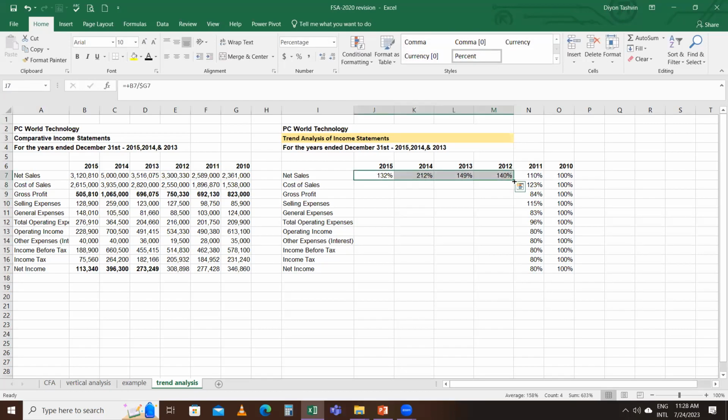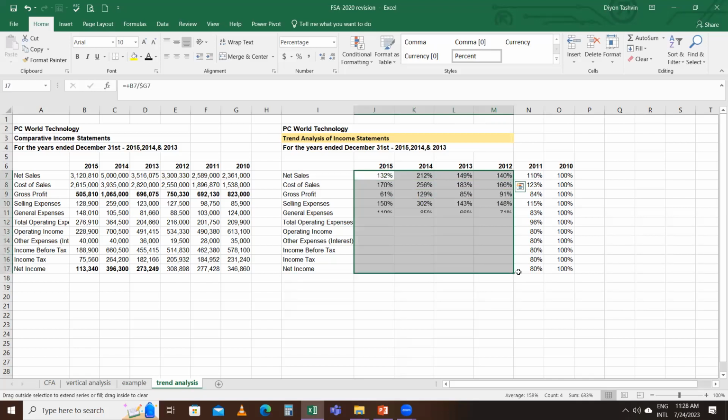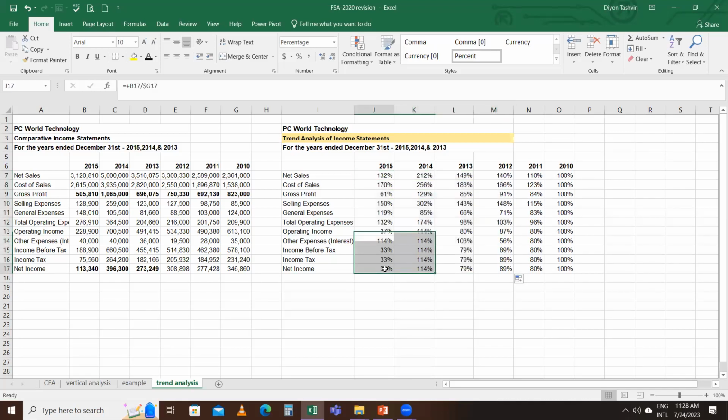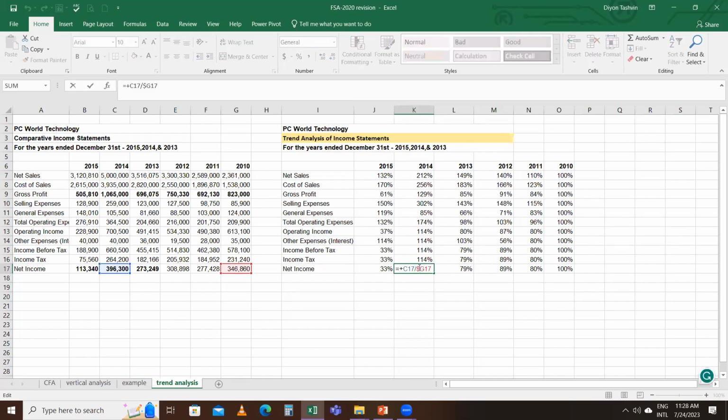Now I'm going to drag it down. When I take the final figure, you can see the net income divided by 2010, which is the base year figure. Then net income of 2014 divided by the 2010 figure. Likewise, we are going to calculate. Right? Then make a trend analysis.